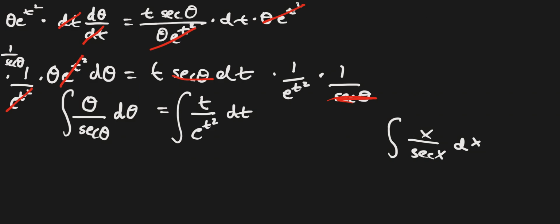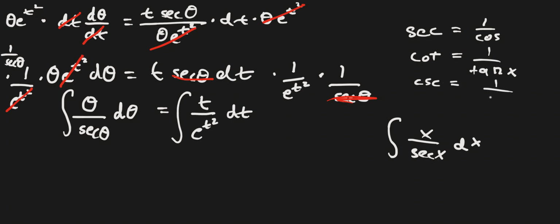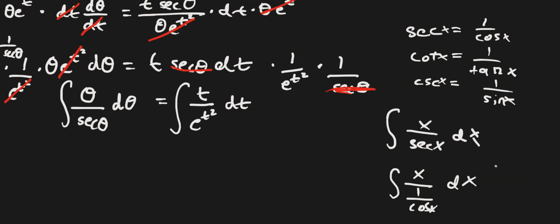One thing that you need to know is that secant is equal to 1 by cosine, cotangent is equal to 1 by tangent, and cosecant is equal to 1 by sine. So secant x is 1 by cosine x.